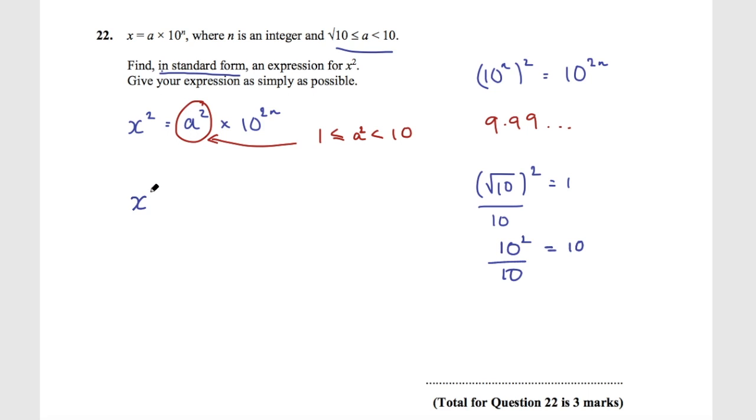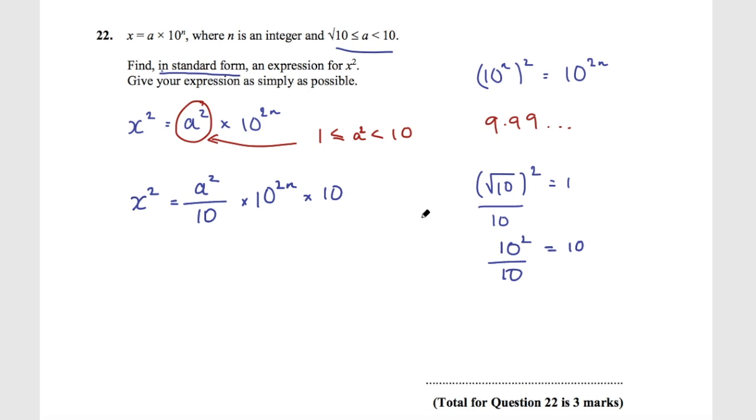So my expression now becomes x squared equals a squared divided by 10 to make sure that this is in standard form. However, if I divide this part of the expression by 10, I need to multiply it by 10 as well. So I've divided a squared by 10, so now I need to multiply by 10. So this is going to be times 10 to the 2n times 10. So I haven't changed anything.